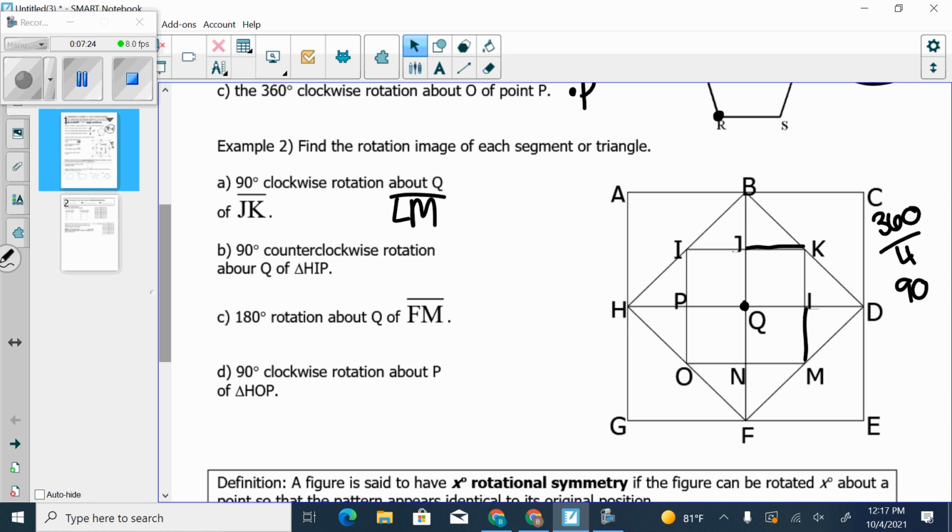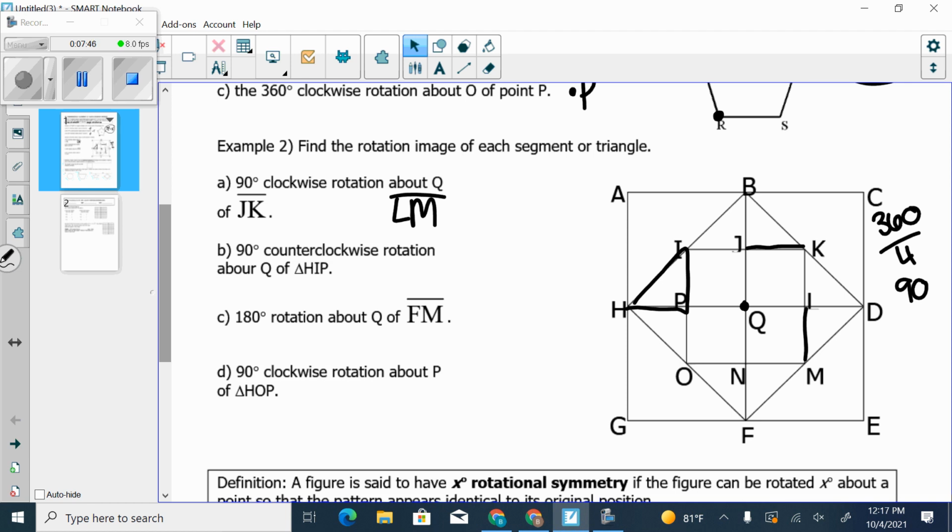Okay. All right. B says a 90-degree counterclockwise rotation, again, about Q, of the triangle HIP. So HIP is this triangle right here. This time I'm going counterclockwise, which would mean back, right? So again, it's in this square here.